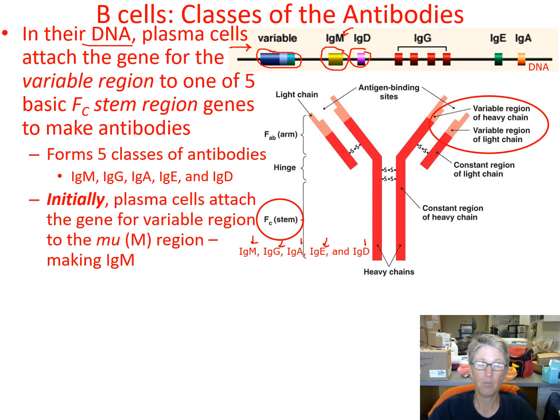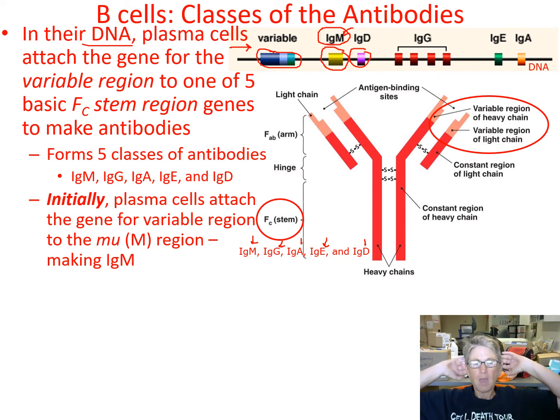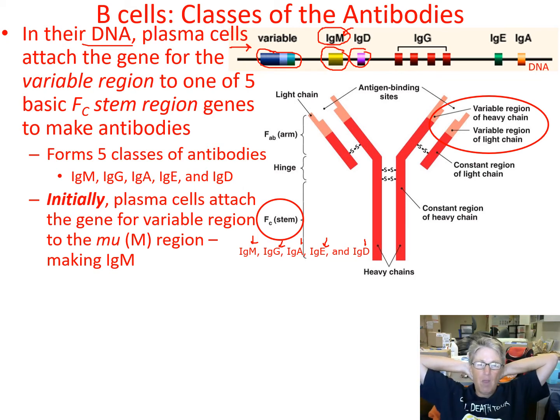So that's how you get your 5 classes of antibodies. When you first start this process of making antibodies, the plasma cell will attach the gene for its variable region to the mu region, the IgM region. So initially, when you're making antibodies in response to a foreign invader, you're making IgM.